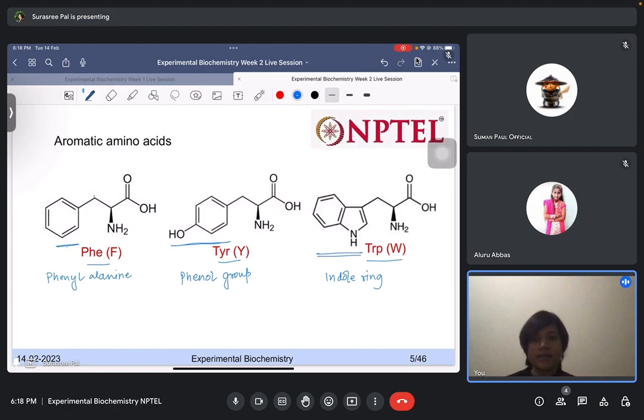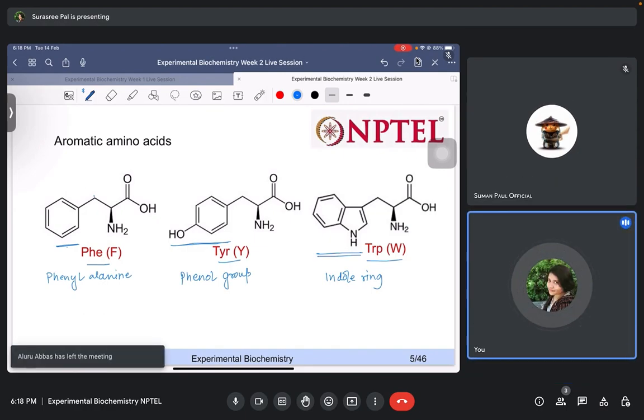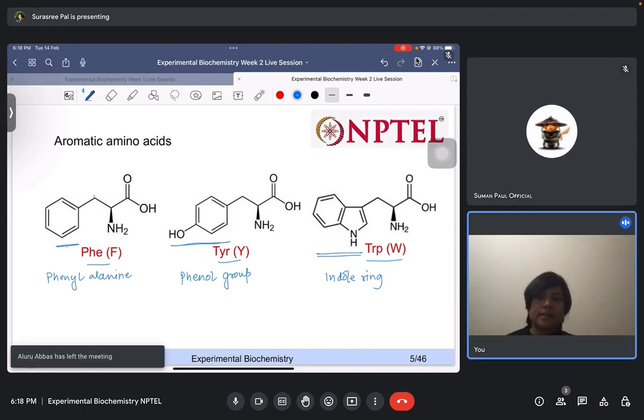These are the aromatic amino acids, and remember, when we are doing spectrophotometric analysis, when we are checking the absorbance of a protein, these amino acids are the key players, because they give the absorbance at 280 nanometer.